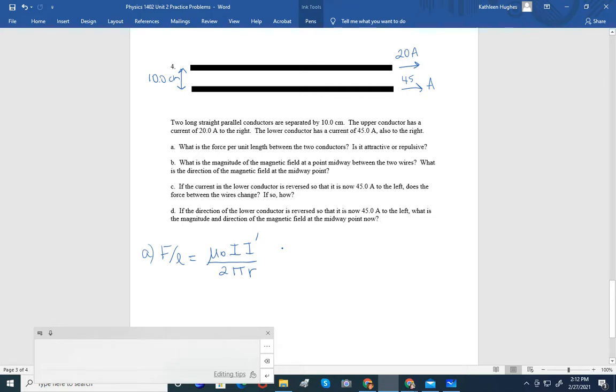Now I feel like I want to look at a formula chart and not trust my memory. So let me double check. I believe that's correct.